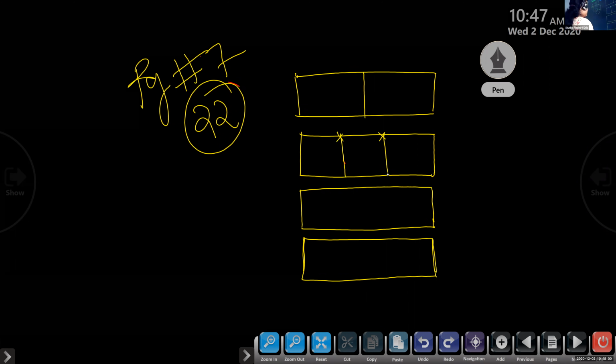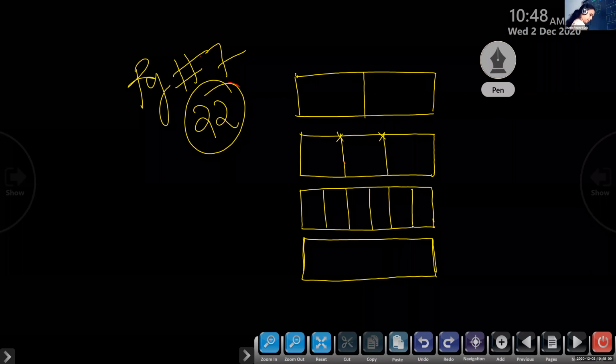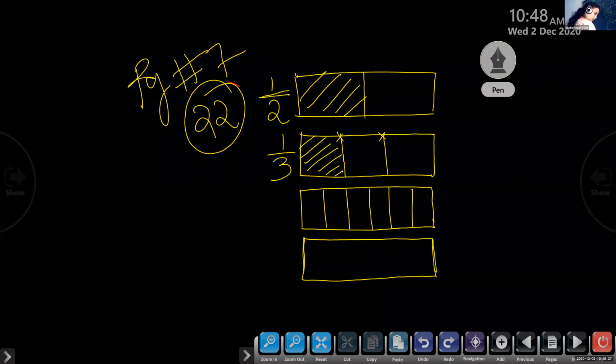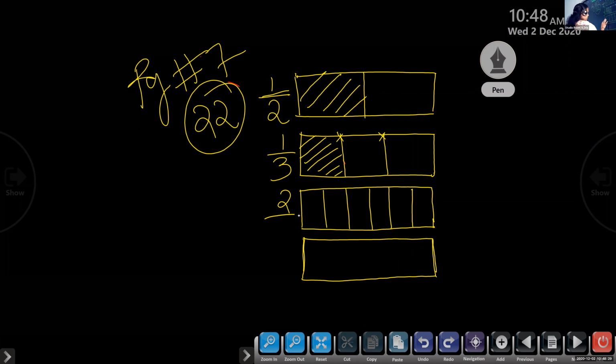Next one, 6 parts. So first I will make 3 equal parts, then again divide into 2 more parts. Then the last one, 3 by 9. Children, you have to shade 1 by 2, then 1 by 3. The next one, out of 6 parts, you have to shade 2 parts.